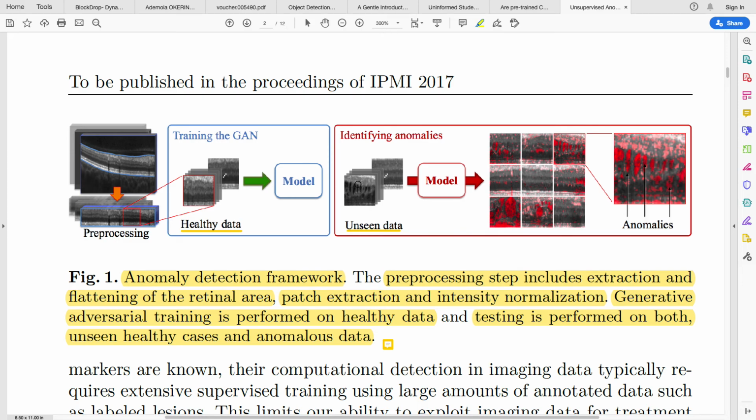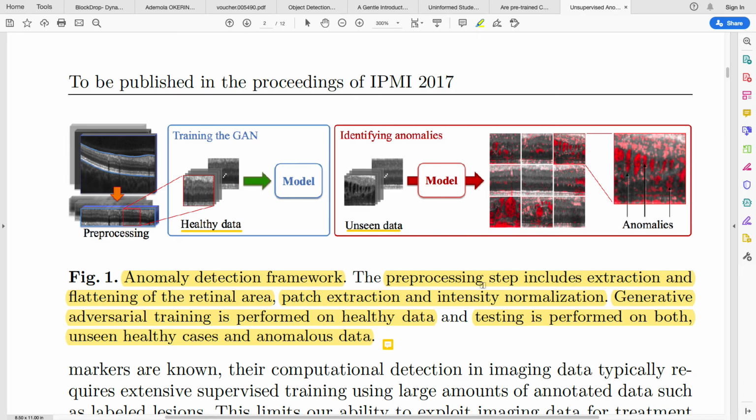Now this one happens to be an image that has anomalies. So the model that was trained here is now used to do inferencing on this unseen data, and this is the output. It was able to generate anomalies. The anomalies are the ones that are in red.